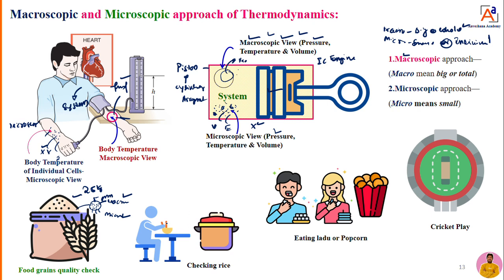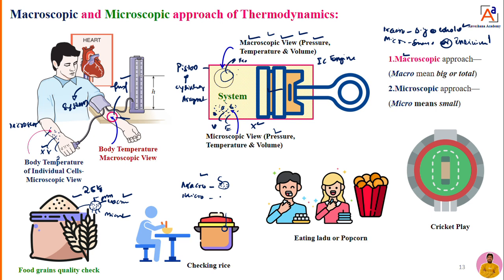One more example: if you want to check whether the rice is cooked or not, whether the rice is ready or not, that can be done in two ways. One is macro, another one is micro. Macro means you will take a certain quantity of rice and check whether it is ready or not. If you are checking by considering a certain quantity of rice, that is known as macro.